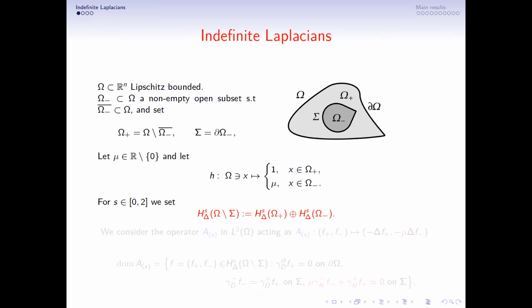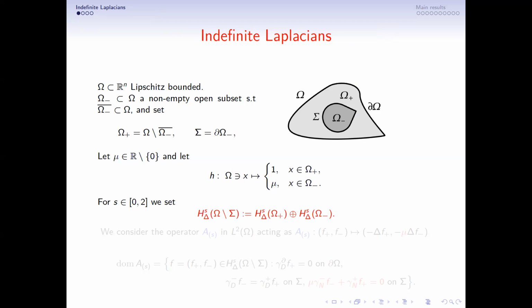Okay, so I'm considering again the same situation, and I denote by partial omega the exterior boundary. Then I will simplify my function h that I defined in the beginning in the following way. I'm taking a parameter mu, which is real, and the function h will assign, for x in omega plus, 1, and mu in omega minus.